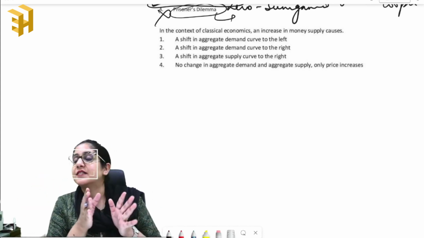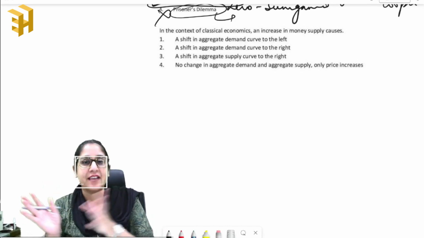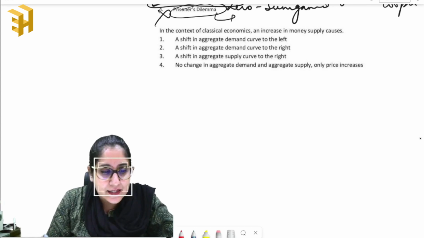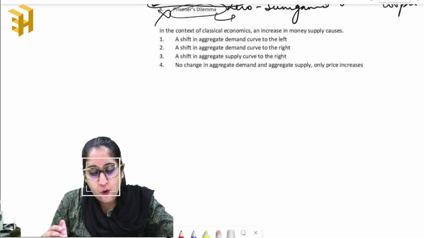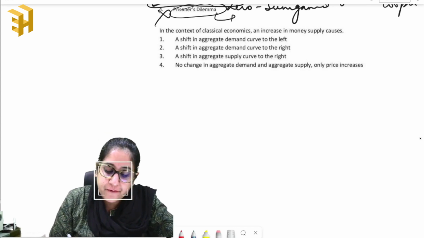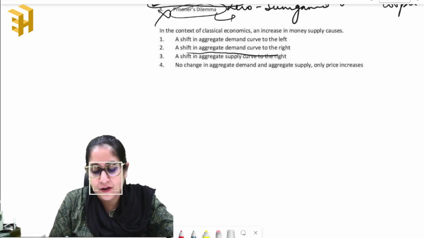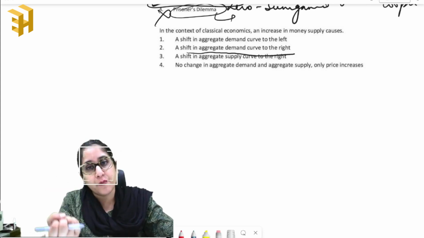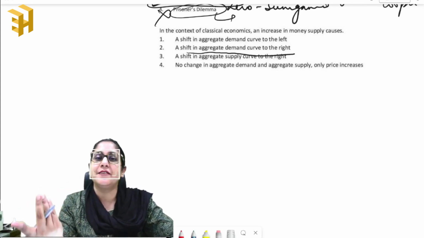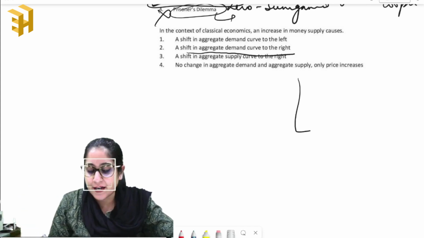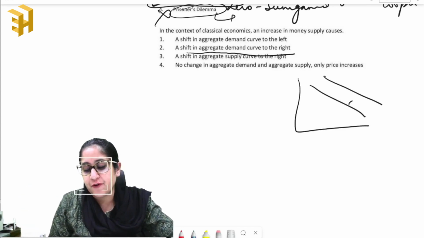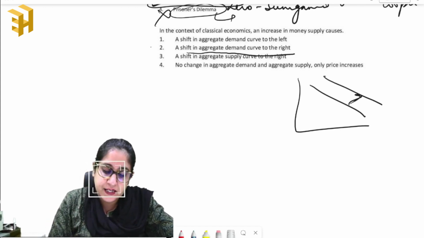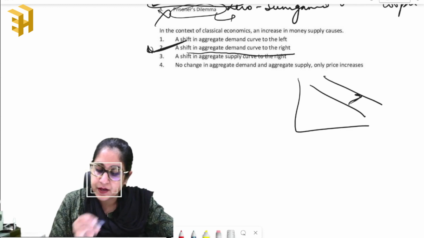The nominal economy is different from the real economy, and they do not affect one another. So an increase in money supply will only lead to a shift in your aggregate demand curve to the right, because it will lead to more money in the hands of the people and they'll demand more. So this is the right answer.